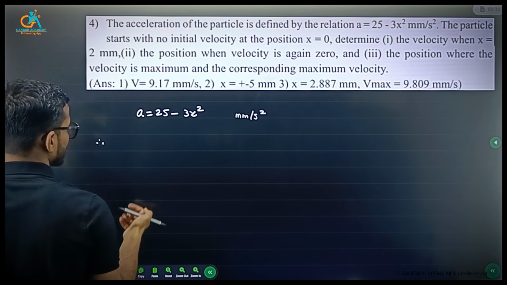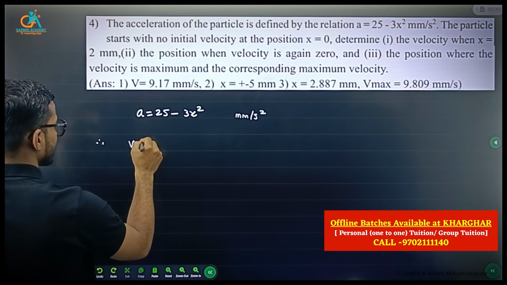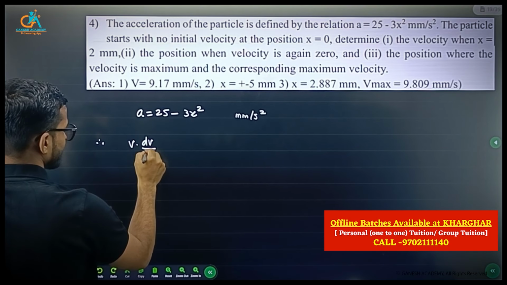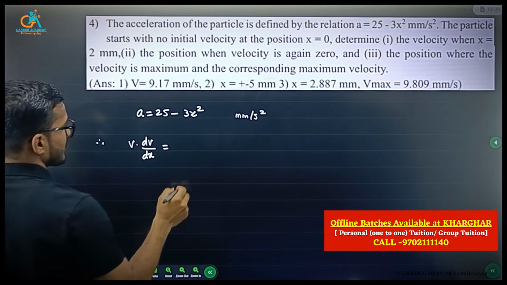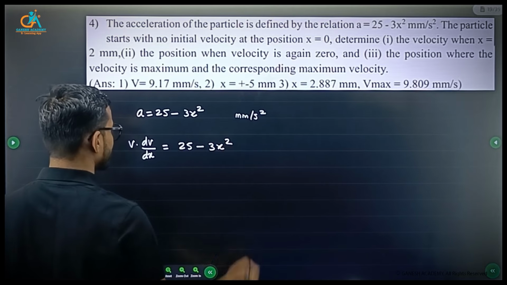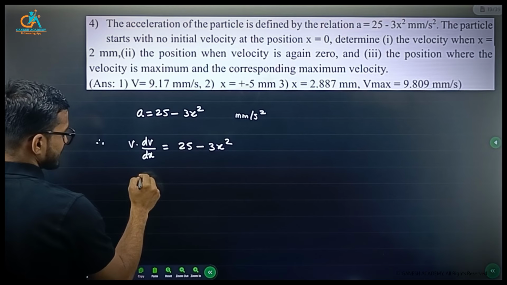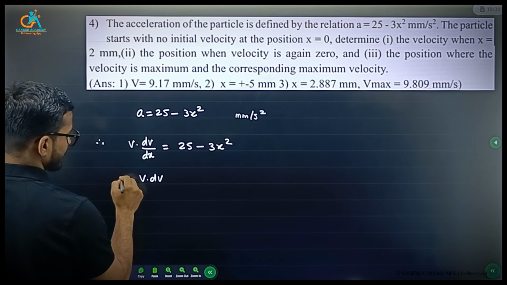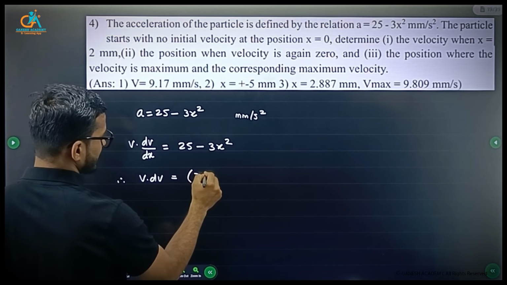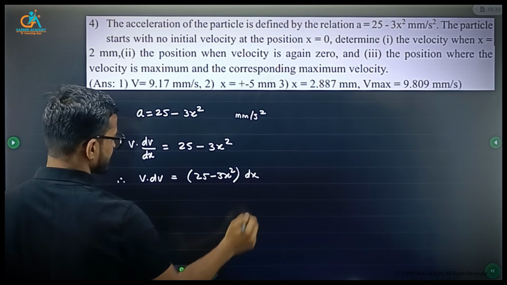No. So we have to use another formula, which is a equal to v dv by dx. So that is equal to 25 minus 3x square. Rearranging the terms, v dv is equal to 25 minus 3x square into dx.